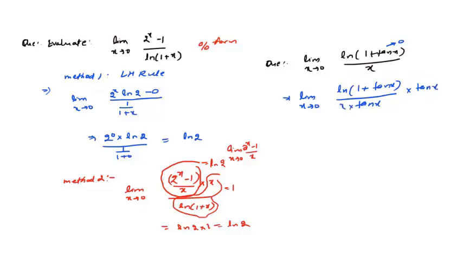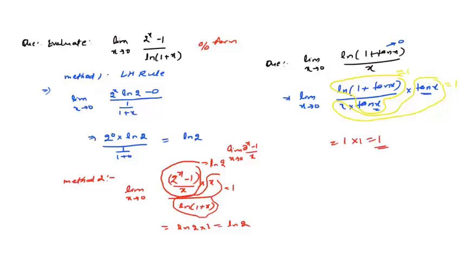So in the denominator we now have x into tan x, once we have multiplied and divided by tan x. Now if you observe this carefully, ln of 1 plus f(x) upon f(x) will be equal to 1. Next, tan x upon x will also be equal to 1. So the final answer for your limit will be 1 into 1, that is 1.